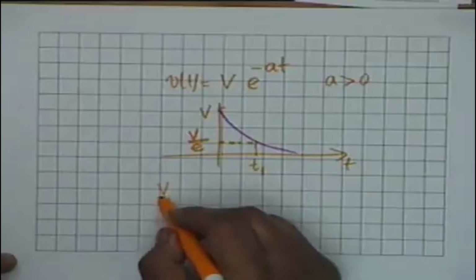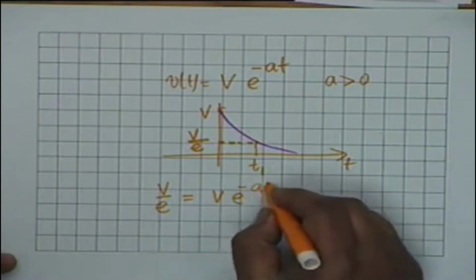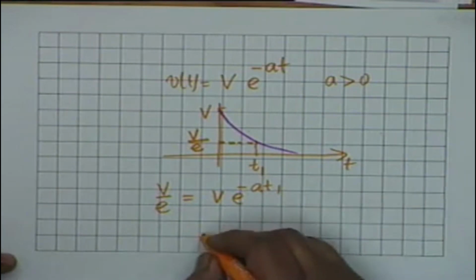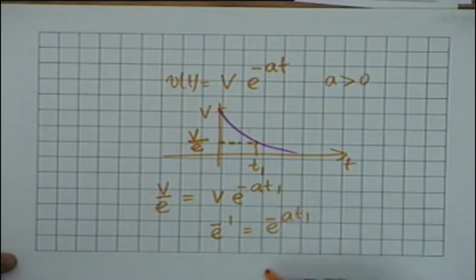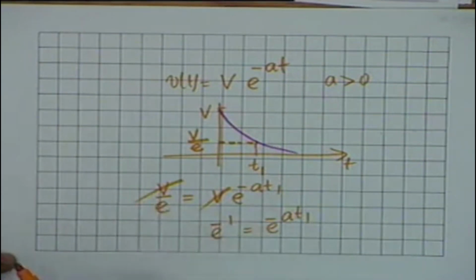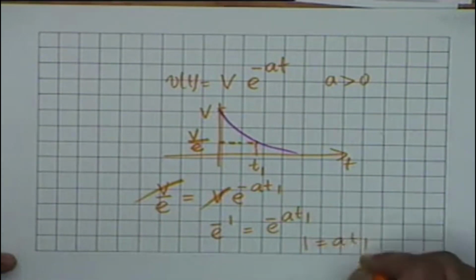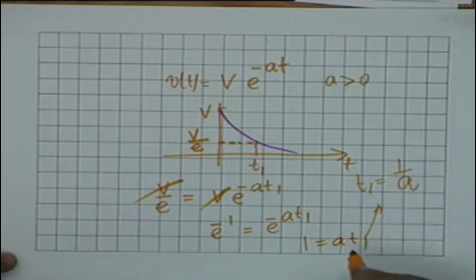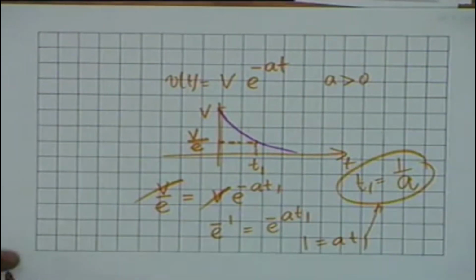So T1 would be given by V by e equal to capital V e to the power minus a T1, and therefore we shall have e to the minus 1 equal to e to the minus a T1, right? V and V cancel, 1 by e is e to the minus 1, and therefore 1 should be equal to a T1, or T1 should be equal to 1 over a. Alright? This time T1 is given a special name.